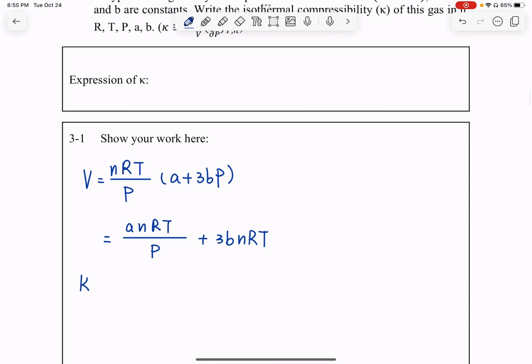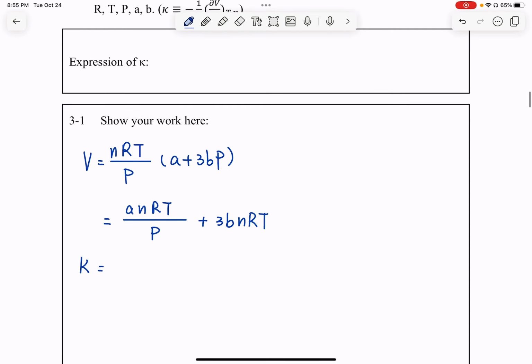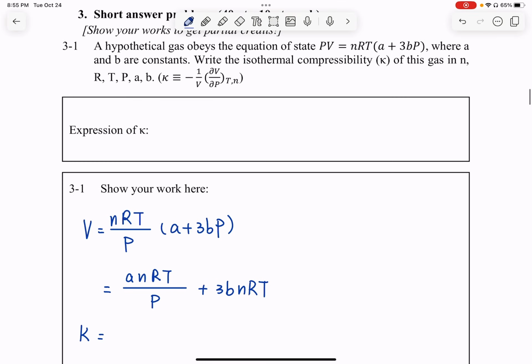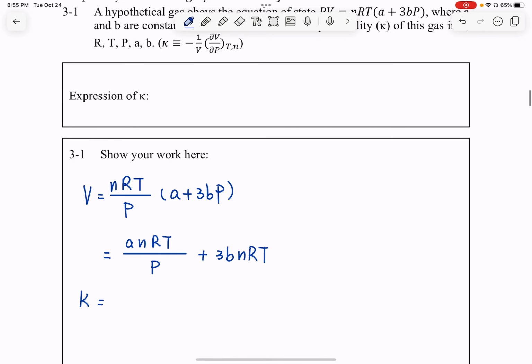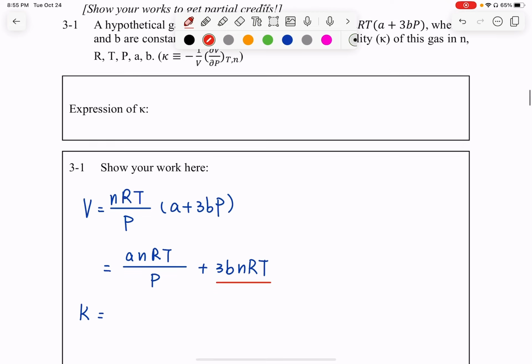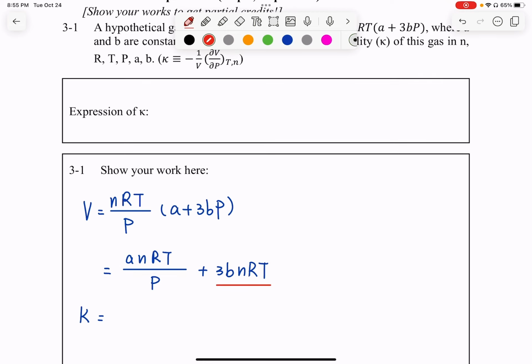And then taking the derivative, we have chi equals, well, this term does not have a dependency on P, so it goes to 0 when taking the derivative. This term, when you take the derivative with respect to P, becomes negative A nRT over P squared.